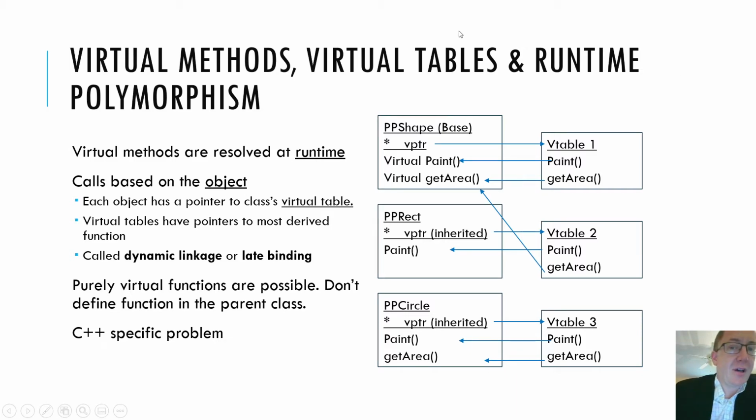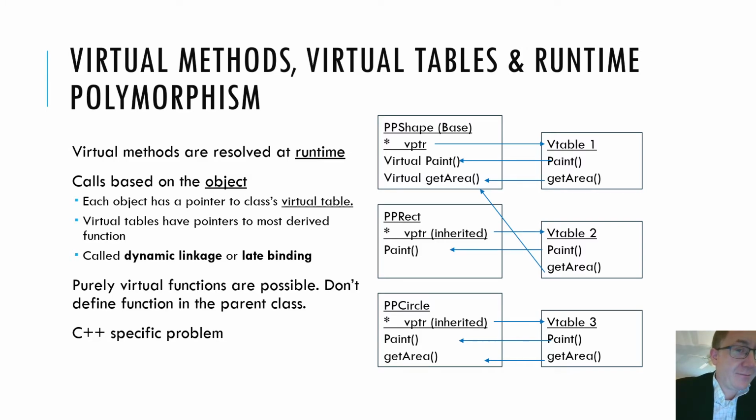Every single object of this class, so PP shape, for example, will have a virtual table. If I make an object of PP shape or I make an object of type rect, I will get a virtual table no matter what. So at the moment I put the word virtual on any part in my code, I will get this virtual table. This is just a lookup table.